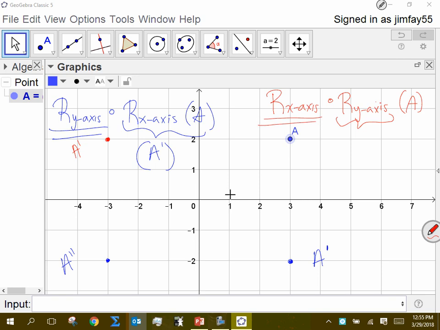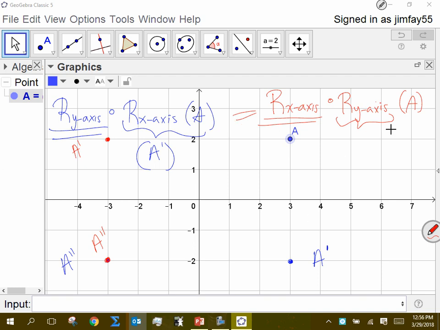Where's that going to take it? So are those two equal? Yes. So that's the situation. A lot of times, when you reflect, you piggyback reflections off one another, and they do end up being commutative. But we can't just holistically say every single set of compositions is commutative.